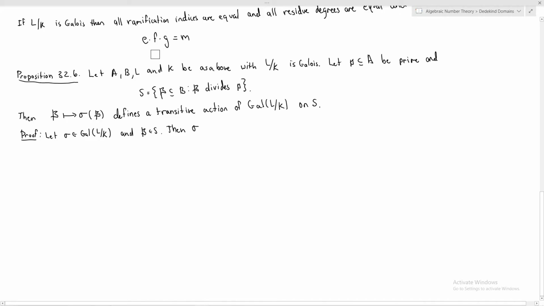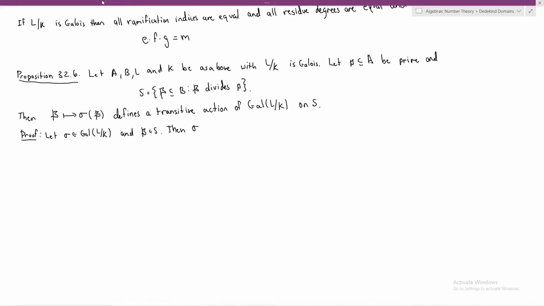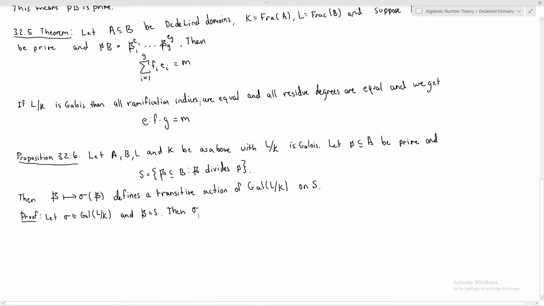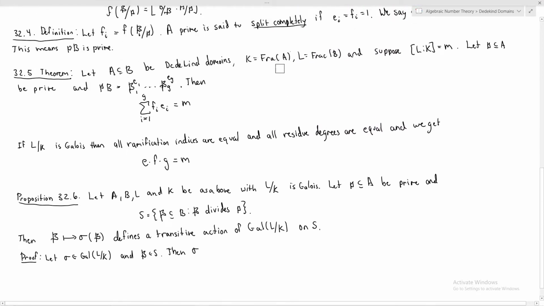In that setting, we don't run into any issues because the Galois group certainly preserves the ring of integers. So let's just make a slight change and state this for number fields for now.